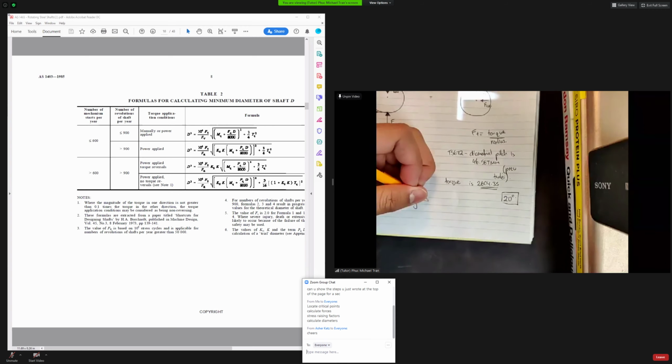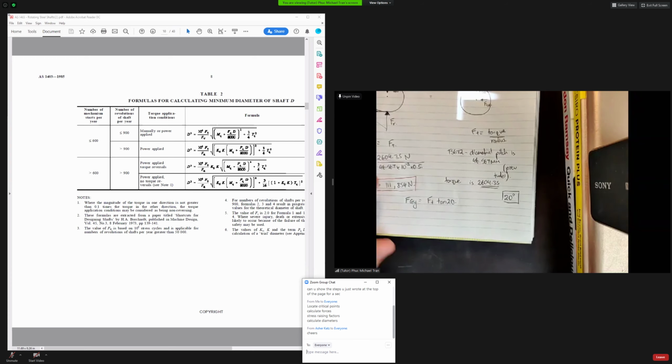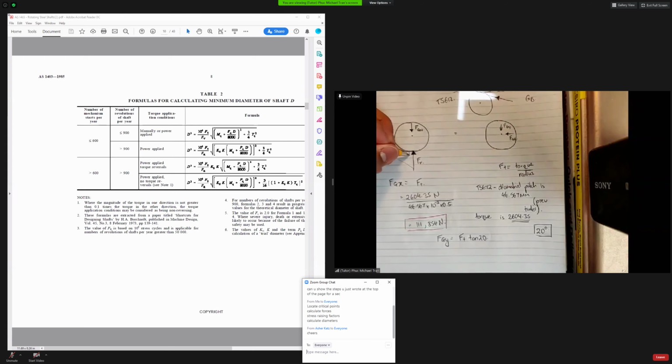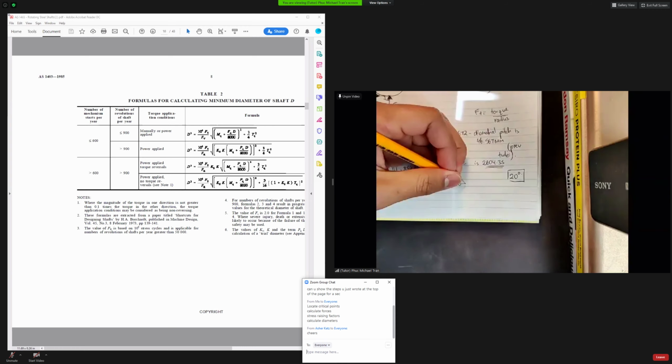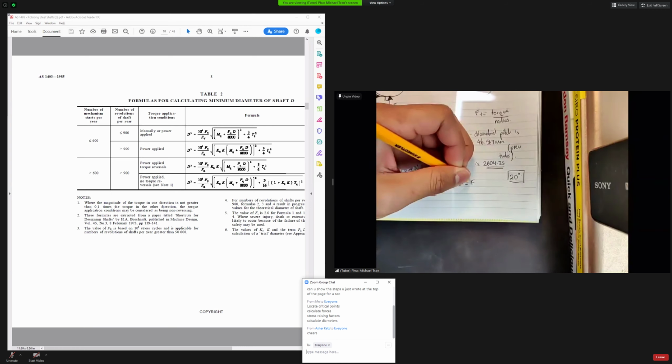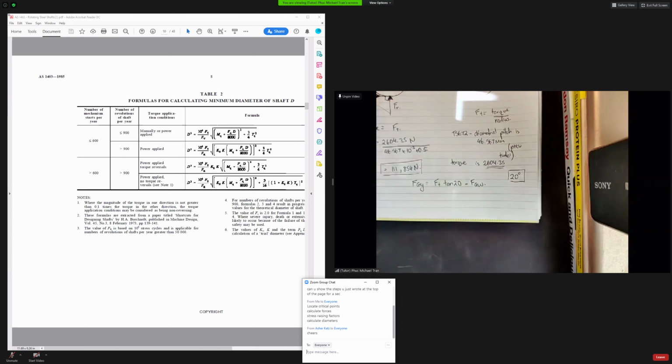So FT tan 20, because you can imagine that as a right angle triangle. So tan 20 FT is FR, right? Minus FGW, which is the weight of the gear.